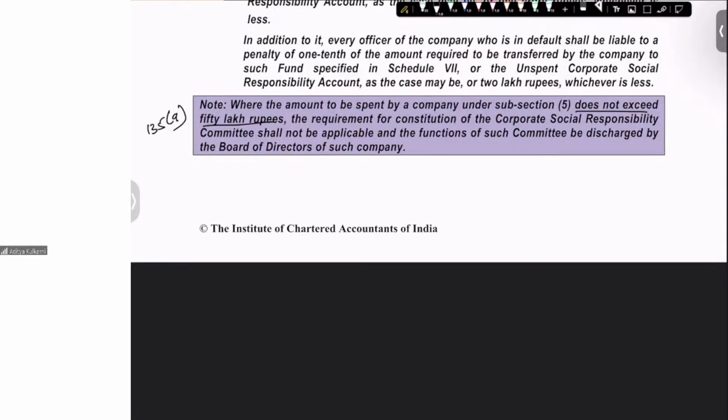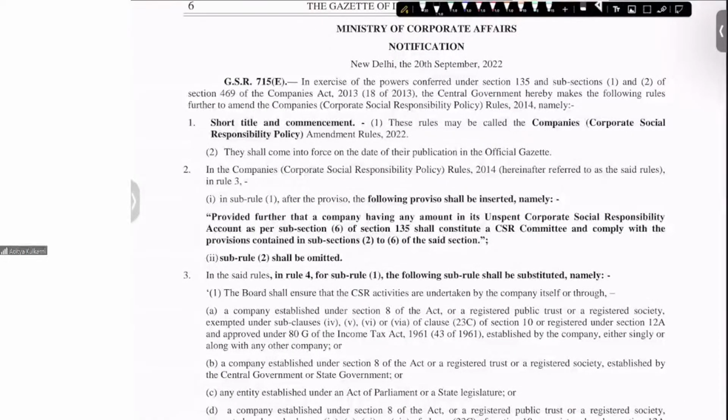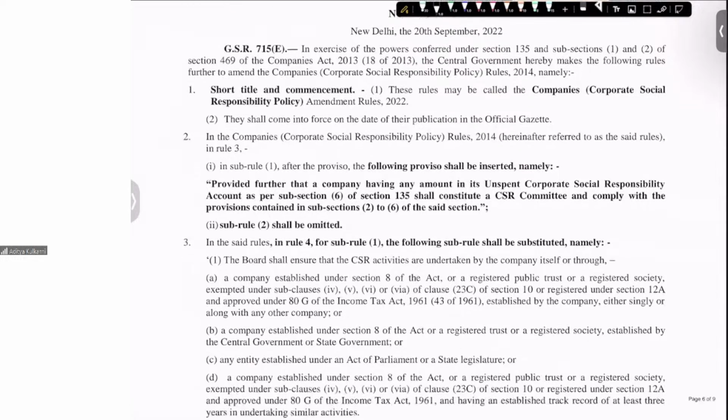This is 135(9). And now there is an amendment by the 2022 CSR rules. What is the amendment?